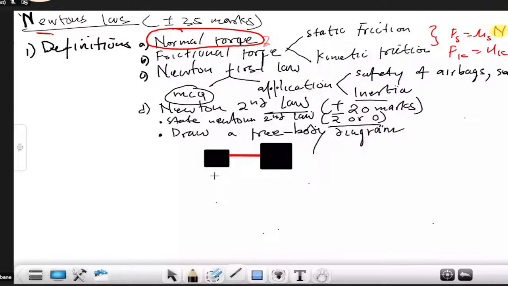Now, let's remove this. And now, a rough surface. Ladies and gentlemen, it's two objects. The first one is A and the second one is B.